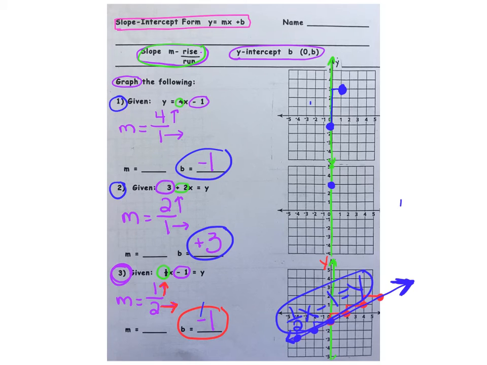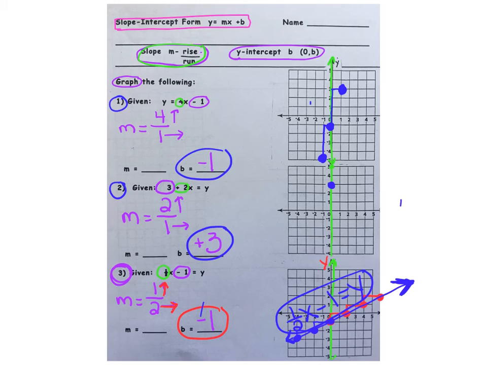Now, we can't continue. We're out of coordinate plane. So let's reverse it. Put your pencil point back on the anchor point, -1, on the y-axis and reverse it. Go over 1, down 1, 2, 3, 4. So you make that staircase effect.